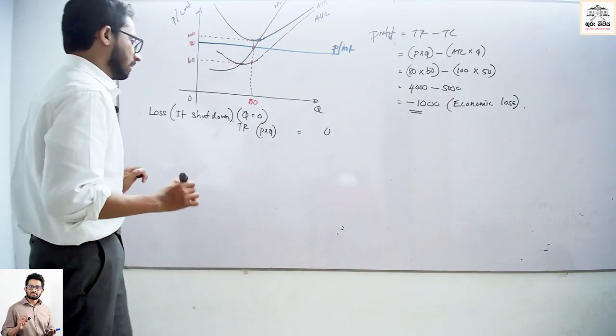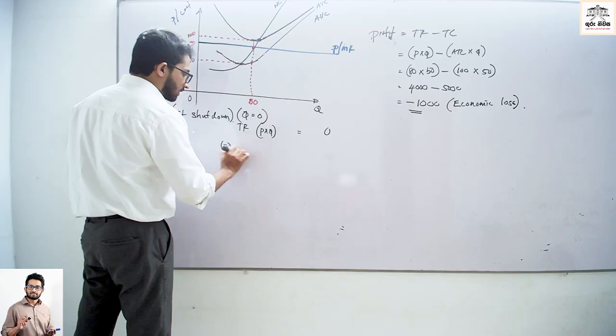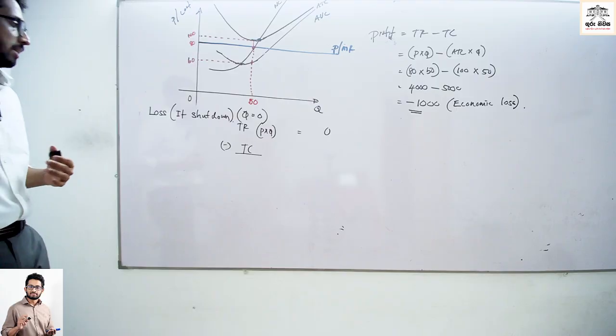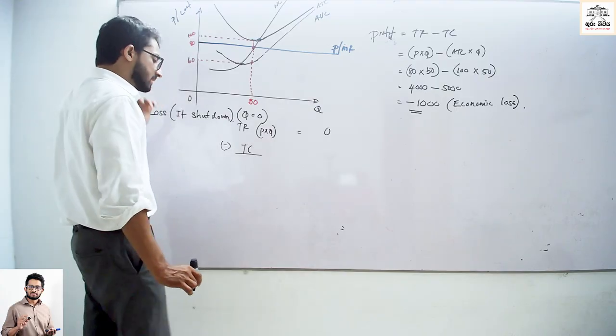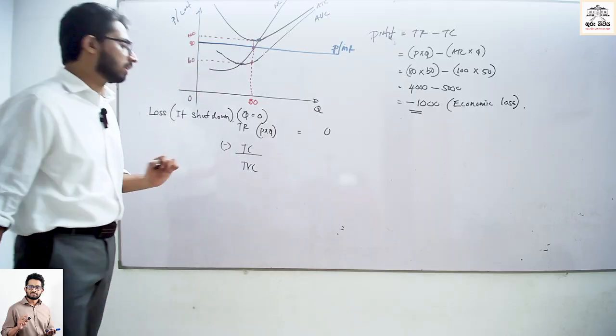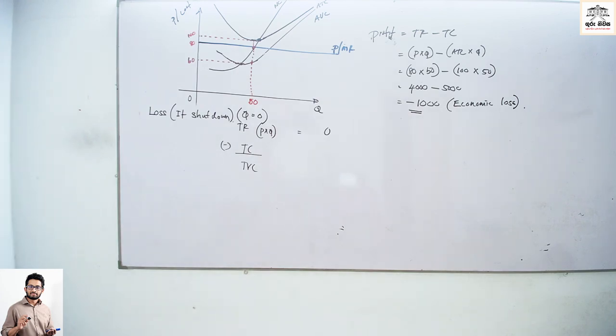Then we have to deduct total cost. In the short run, there are two types of cost: total variable and total fixed. If the firm shuts down, how much is the total variable cost? 0.